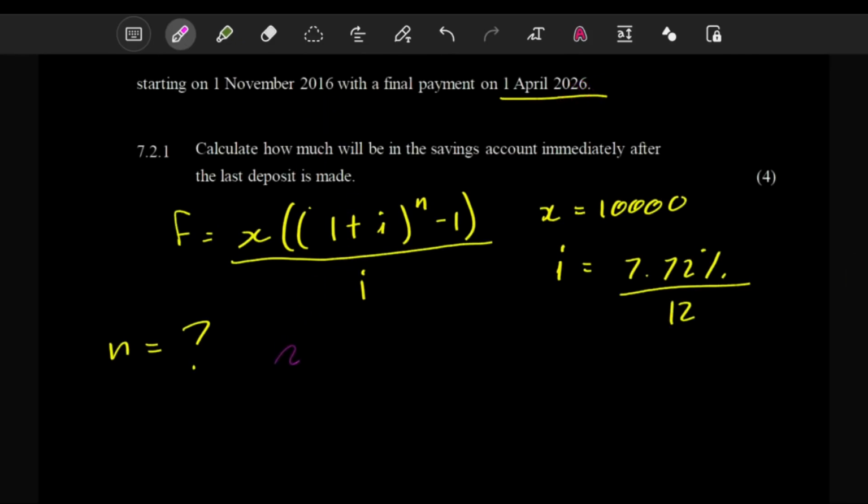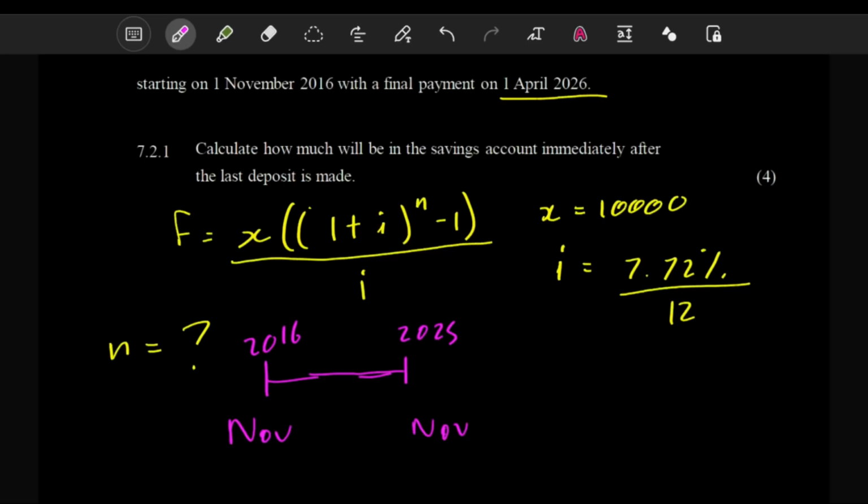So from November 2016 all the way until November 2025.